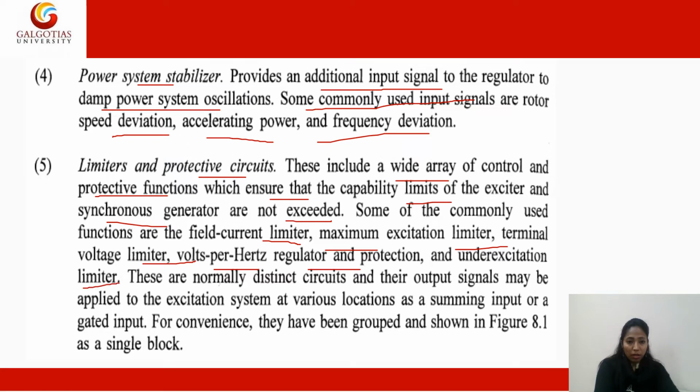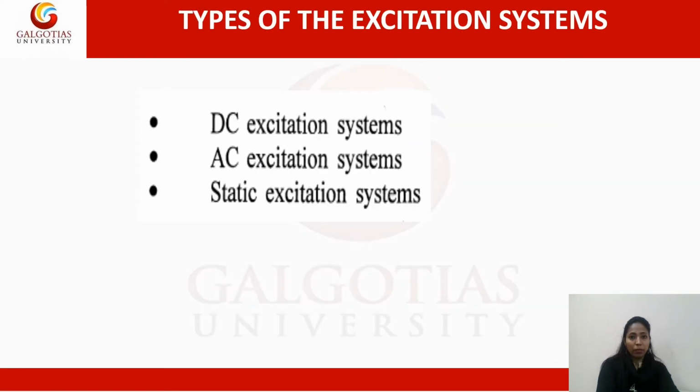These are normally distinct circuits and their output signals may be applied to the excitation system at various locations as a summing input or a gated input. So the limiters keep the output within a limit.